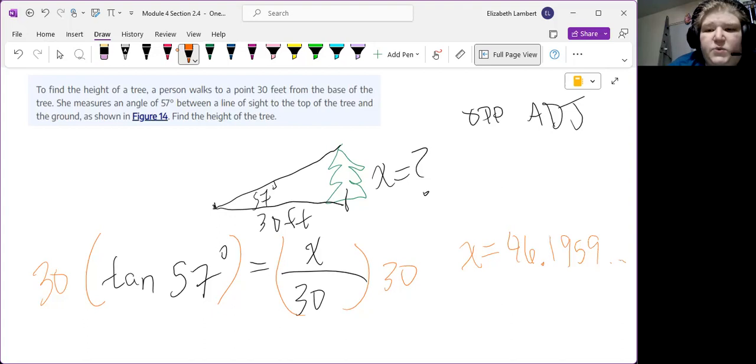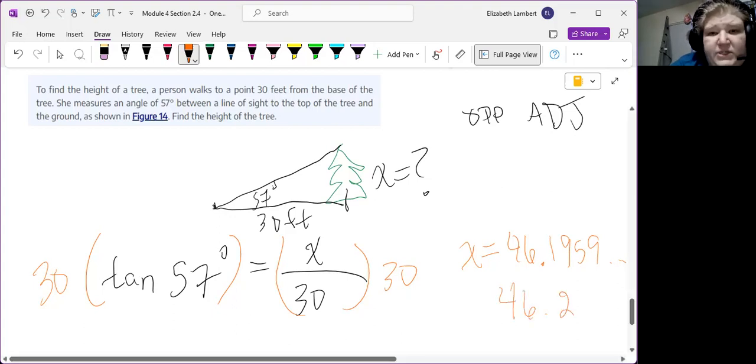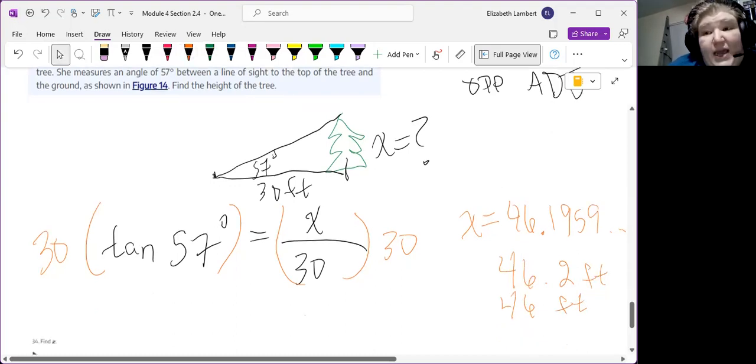They did not provide us with rounding directions. They gave us 30 feet, so I would either go with my gut instinct of 2 places, which would be 46.2, or I would just round it to the nearest foot, making it 46. If there are no rounding directions, either of those is fair game.